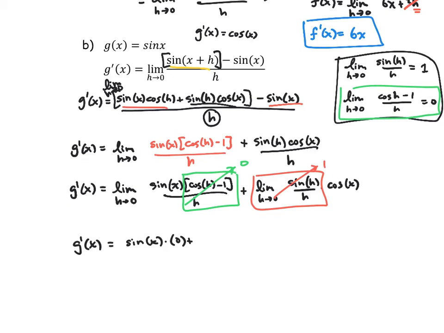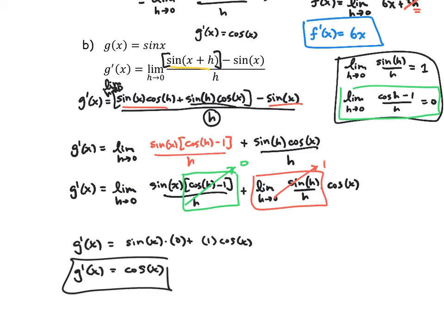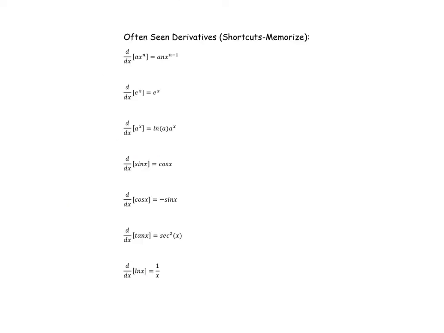So that will be plus 1 times cosine of x. And look at what we just did. We just showed that the derivative of sine equals cosine. Awesome. You may be required to potentially show that the derivative of cosine is negative sine using the same process, so I'd practice that. Okay, let's keep moving.